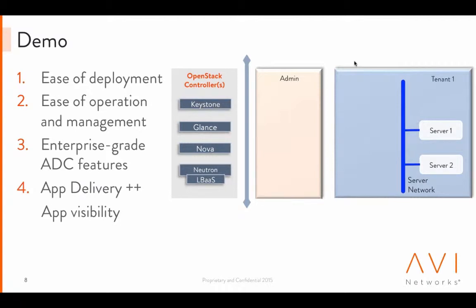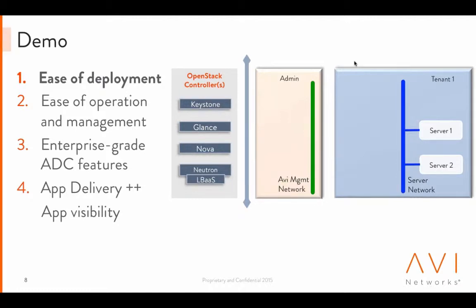And in the tenant, you have two backend servers connected to one server network. And as I mentioned, everything is a VM in our system. So let me go through this picture to show you what deployment involves. The deployment of our system involves just creating a management network that we will use for controller to service engine communication.